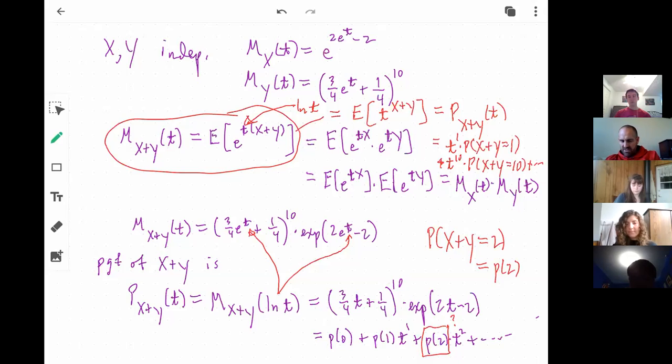Right? So think of it like this: if I took the second derivative, that would kill off the first 2 terms, yes? And dividing by 2, because when I take the derivative, this p of 2 gets multiplied by 2, okay? So notice that p of 2 is equal to this guy differentiated twice.